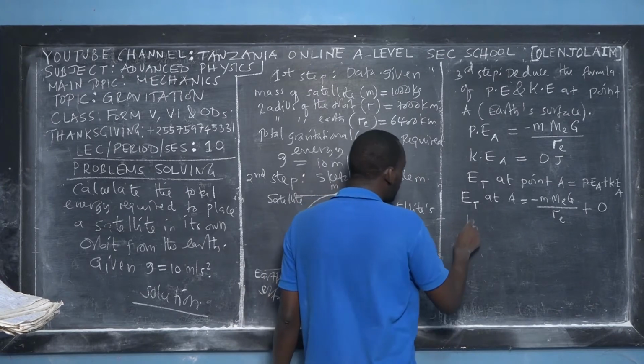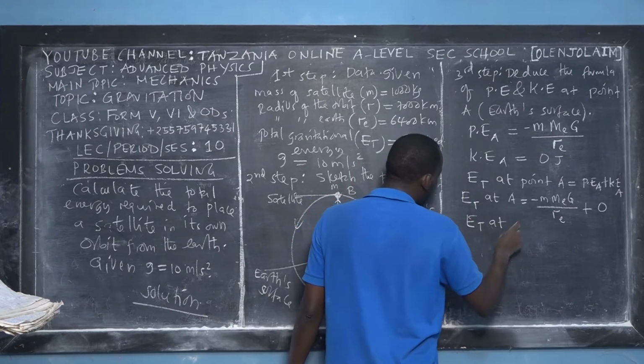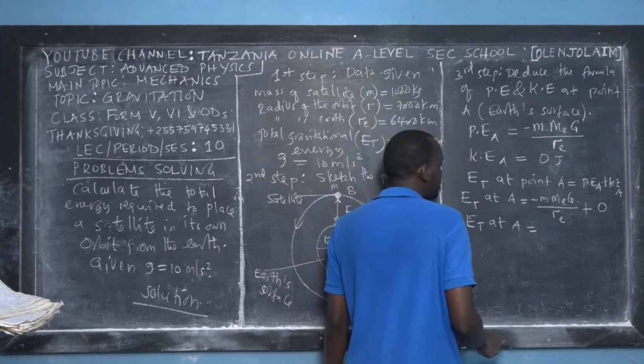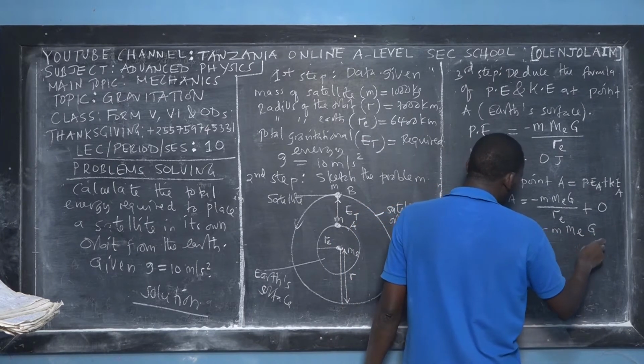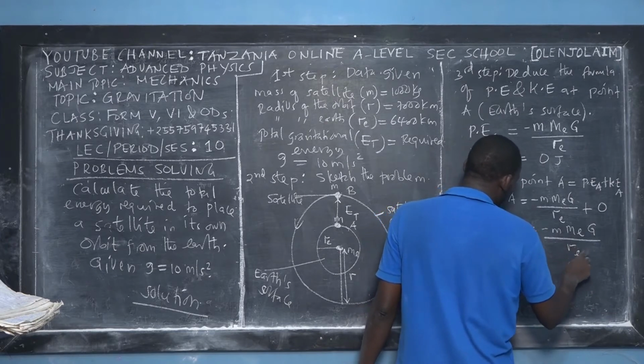So the total energy at point A is equal to negative mass of the satellite times mass of the Earth times the universal gravitational constant over the radius of the Earth.